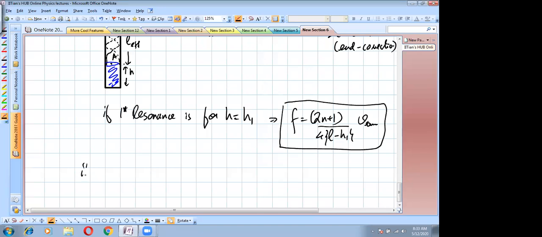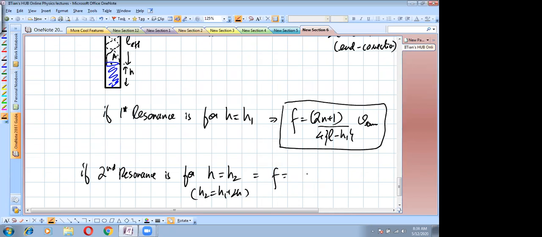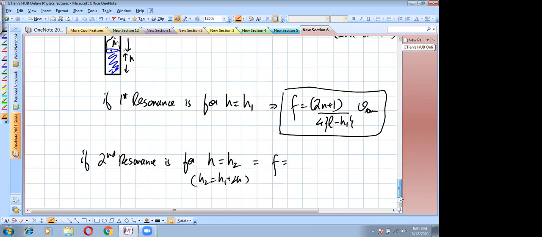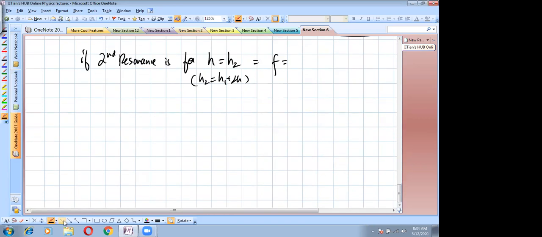If the second resonance is for H equal to H2, where H2 is equal to H1 plus some delta H, then that same frequency is equal to some new resonant mode. So coming back to this diagram, you'll understand.